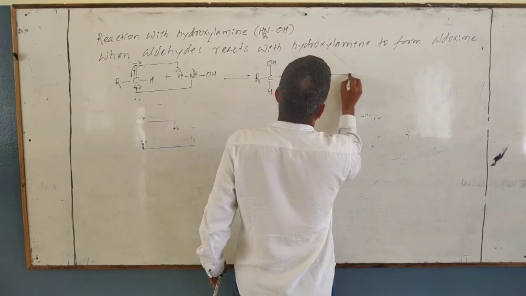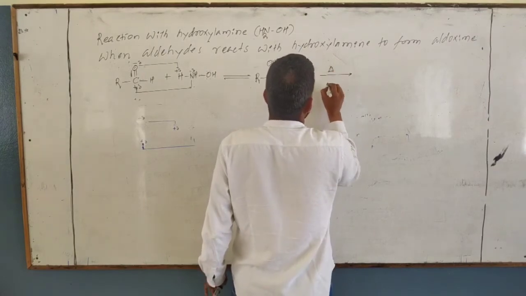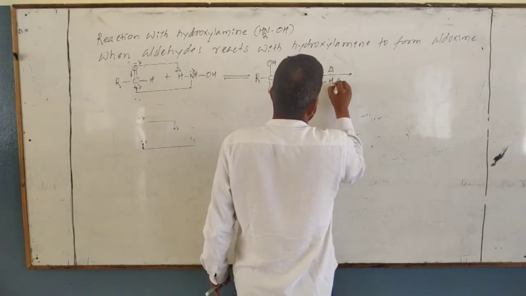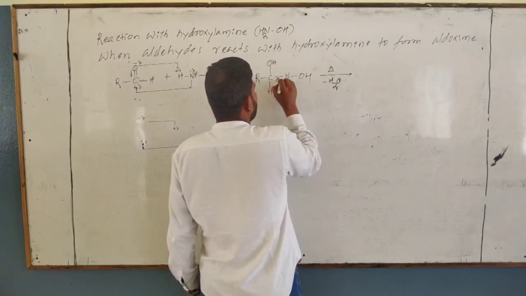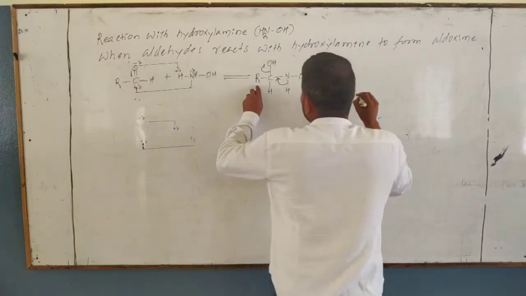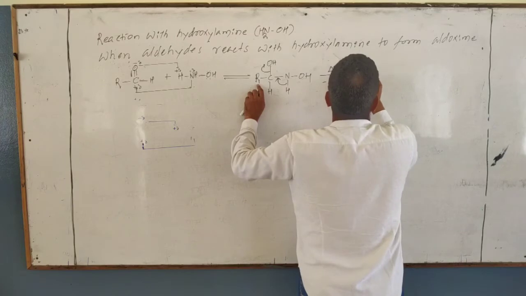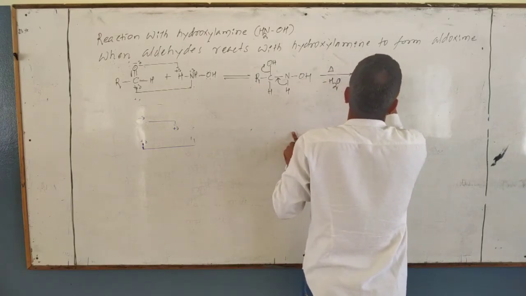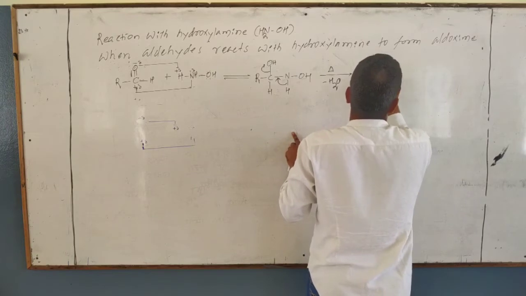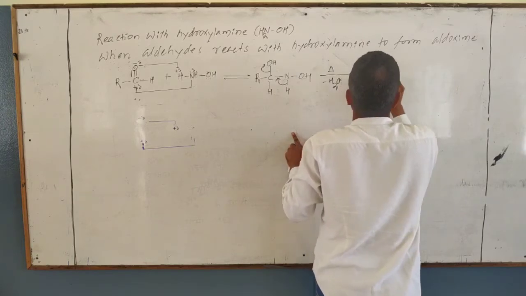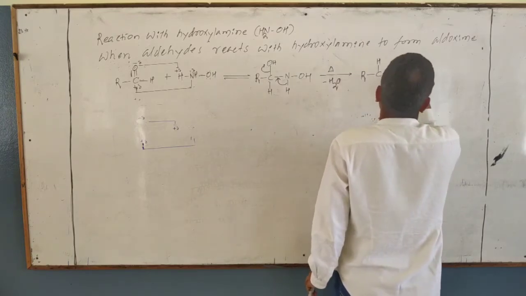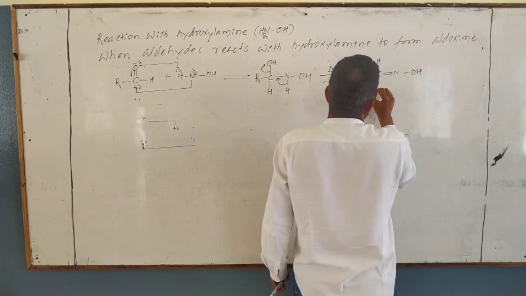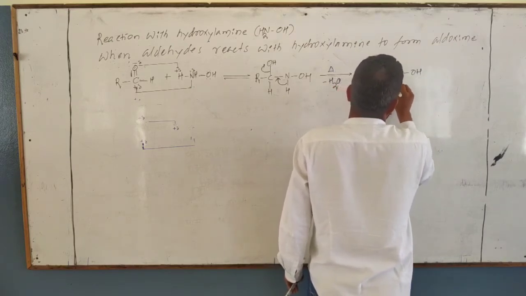On heating, if you heat this one, it eliminates, removes an H2O molecule to form the final product. What is the final product? Aldoxime. What is this? Aldoxime.